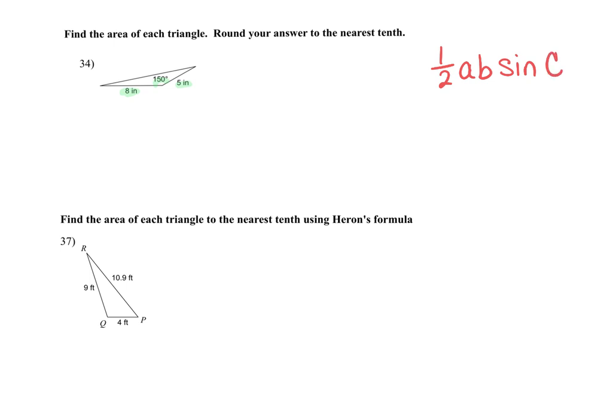And it's just a matter of knowing that formula and plugging it in. So the area of this triangle is going to be 1/2 your 2 side lengths times the sine of your interior angle between those two, okay? So in this case, you're just going to say 1/2 8 times 5 times the sine of 150 degrees.